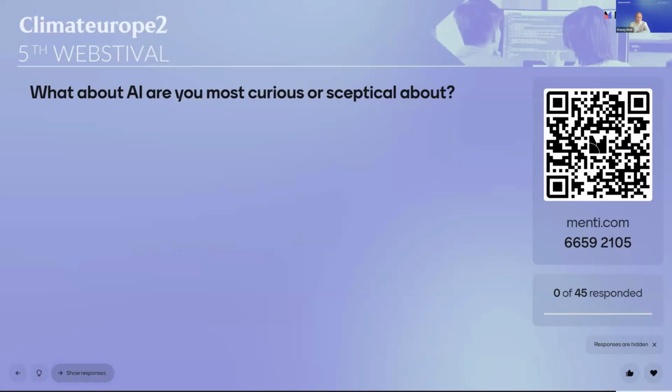So just want to get your thoughts on whether you're curious or the skeptical things you're thinking about in terms of AI, what are you most excited about? So yeah, most of us will probably be sitting on the fence between excited and a little bit skeptical, but yeah, just give you 30 seconds to put your thoughts in around that.